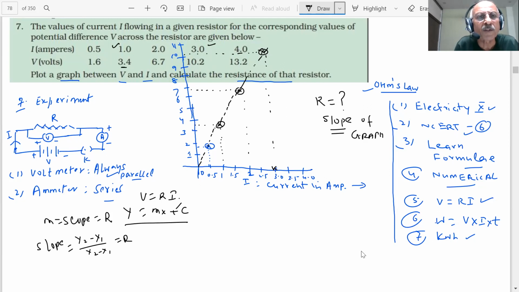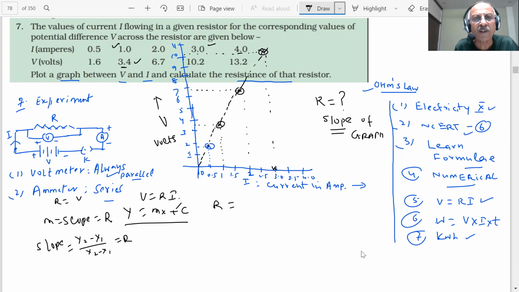Y2 minus y1 is how much? R is equal to V by I. This is our V in volts, and this is our I, current in amperes. So what is V2 minus V1?